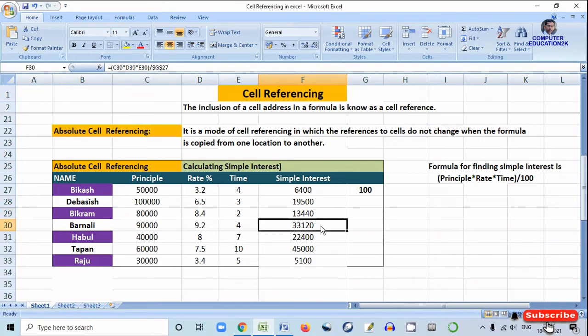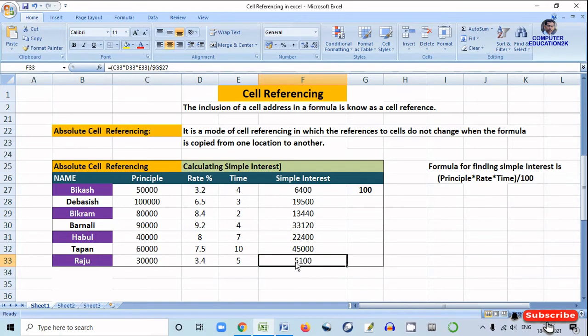Next cell C30, D30, E30, but $G$27 is not changing. Next cell C31, D31, E31, but $G$27 is not changing because we have made it fixed. Next cell C32, D32, E32, and then C33, D33, E33, but $G$27 has not changed.